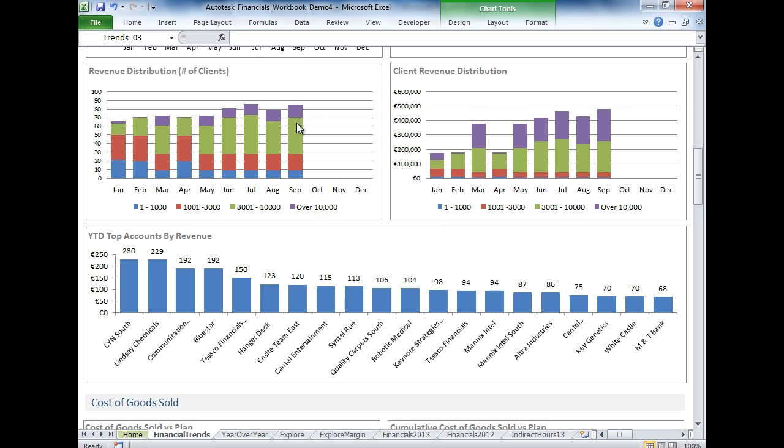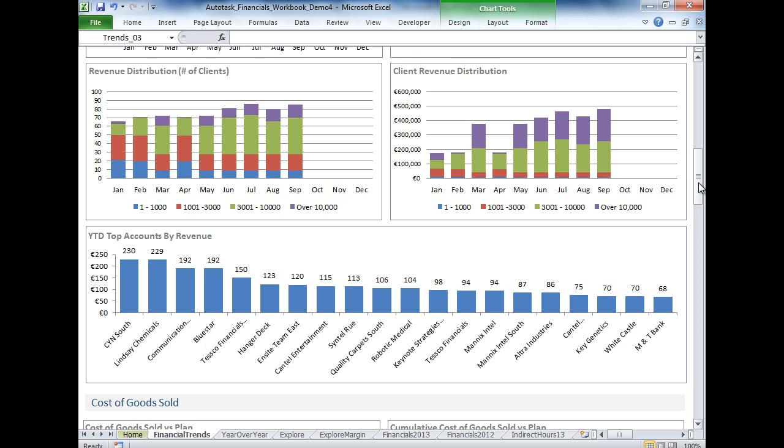So I can see that I currently have 15 clients providing me over $10,000 in revenue. But when I see the total amount of revenue, that actually represents about $250,000 coming in. So a larger percentage of my revenue is coming from larger dollar items.